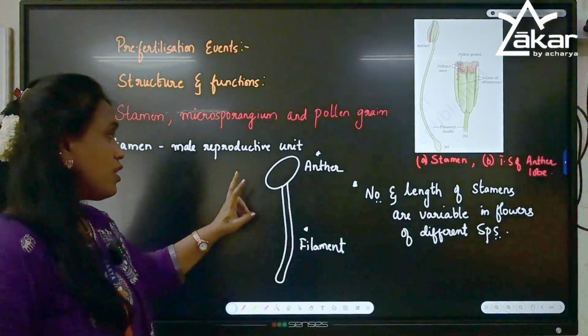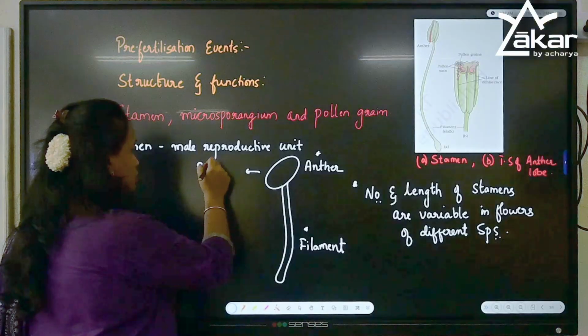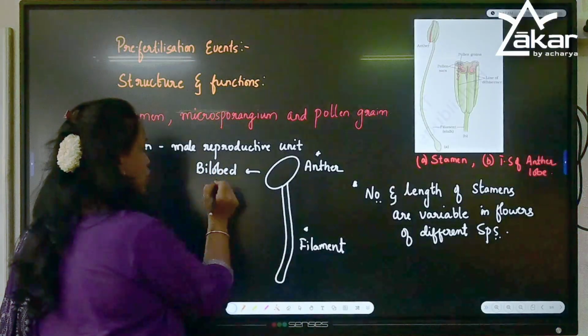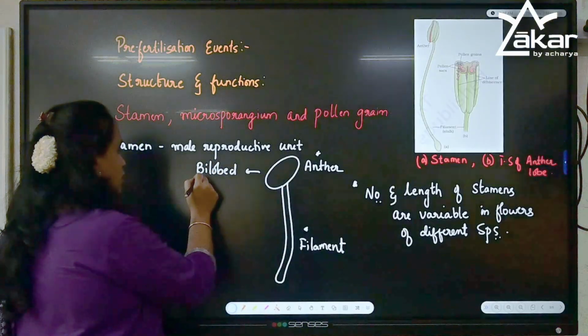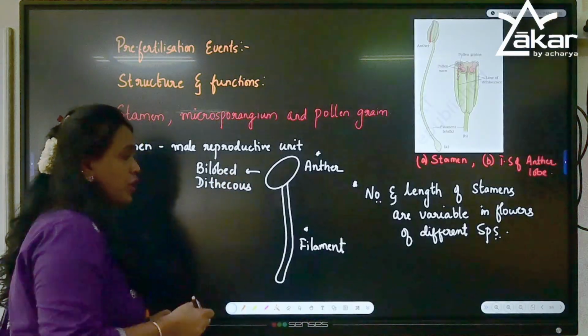Right? So in this anther, we see it is a bilobed structure and dithecous. We will learn in detail what dithecous means and how it is bilobed.